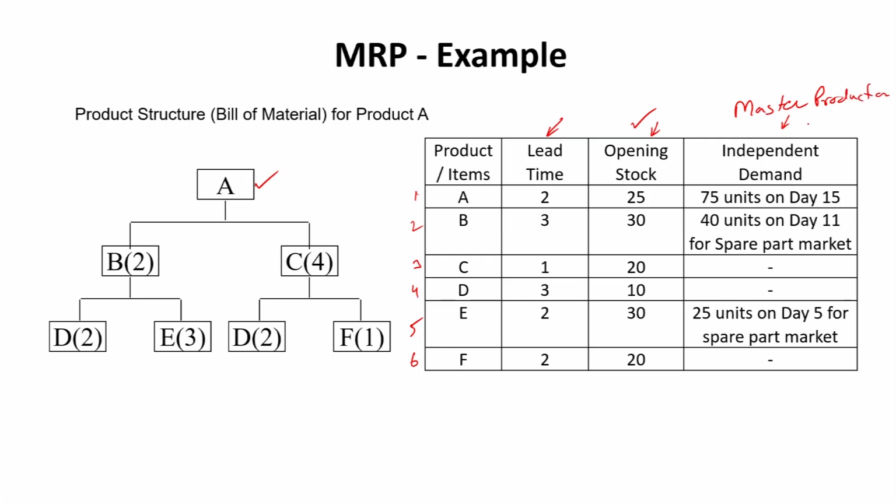How much is the demand of item A at different points of time? Here we consider only one period, that 75 units of A is required on day 15. In the same way you can have more such data: on day 15 something is required, on day 30 something is required, on day 10 something is required of the next month. So, it is very easy to work this out.